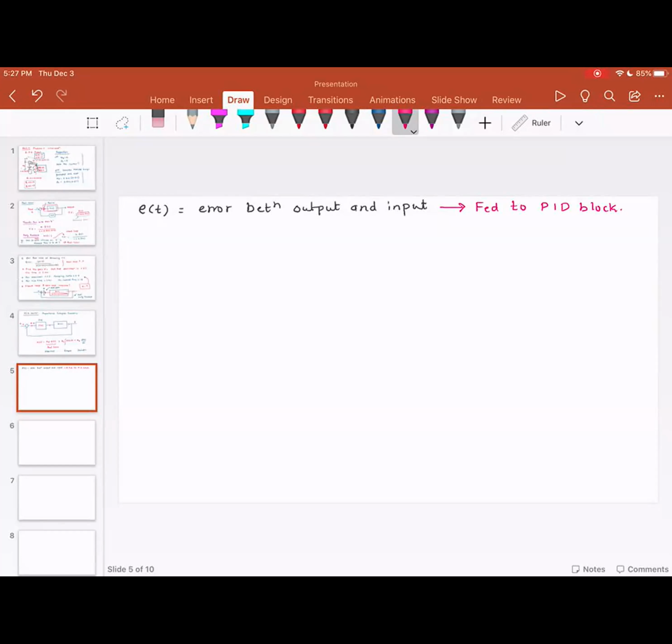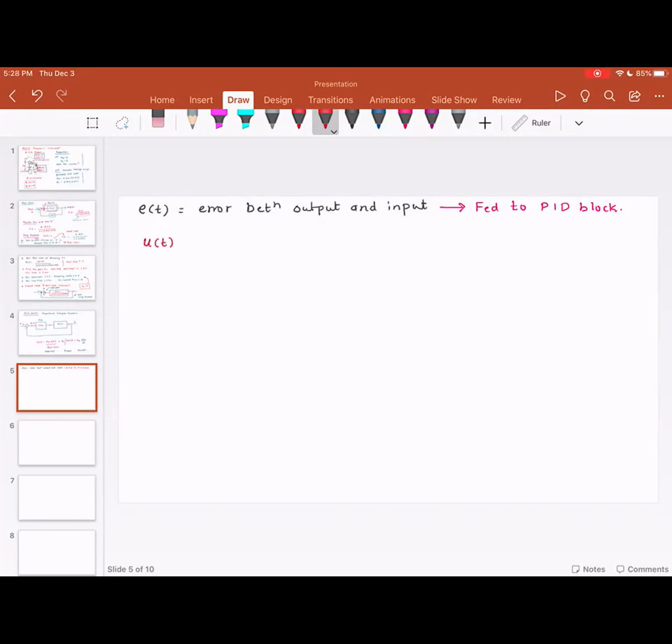So you have Kp, Ki, and Kd. And these three terms, they work together and the input is dependent not only on the error, but the rate of change of error and how much error has accumulated from the beginning. So let me write this once again.